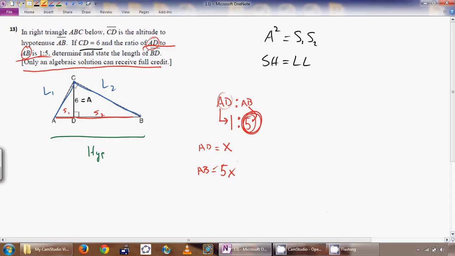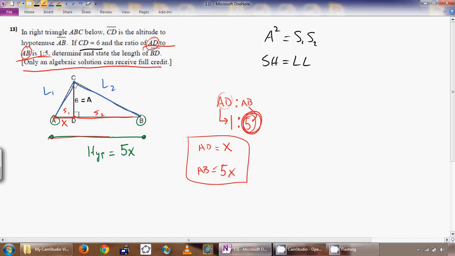All right? So be careful. Make sure you put what we just figured out in the appropriate place. A to D is X. That's what we're calling it. And then from A all the way to B, that, our hypotenuse, is 5x.